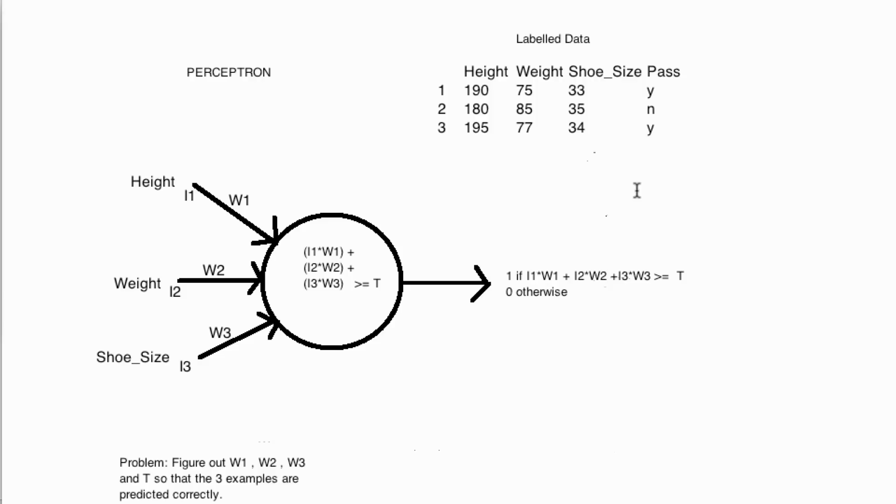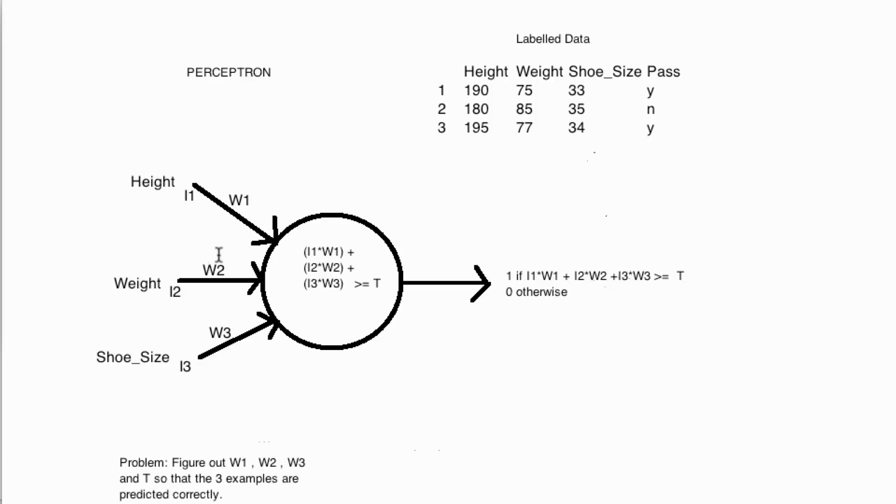So our topic of discussion for today is this thing up here called the perceptron. The perceptron is probably the simplest neural network. It's characterized by just a single processing unit. And we have a picture of a perceptron right here.